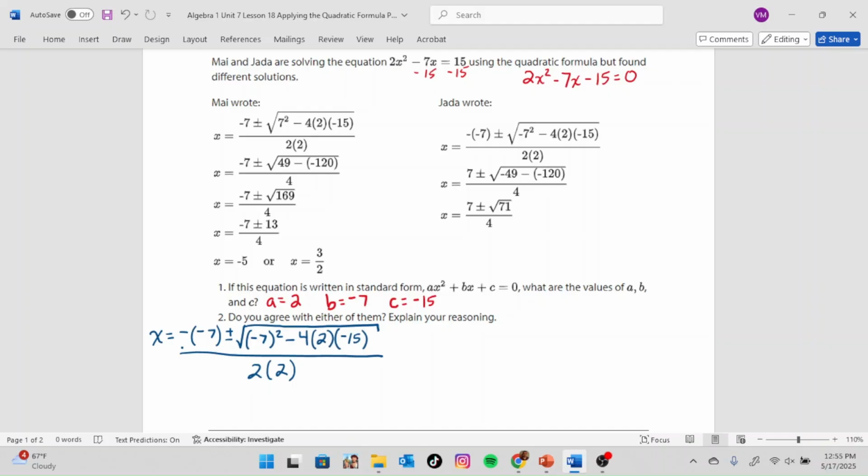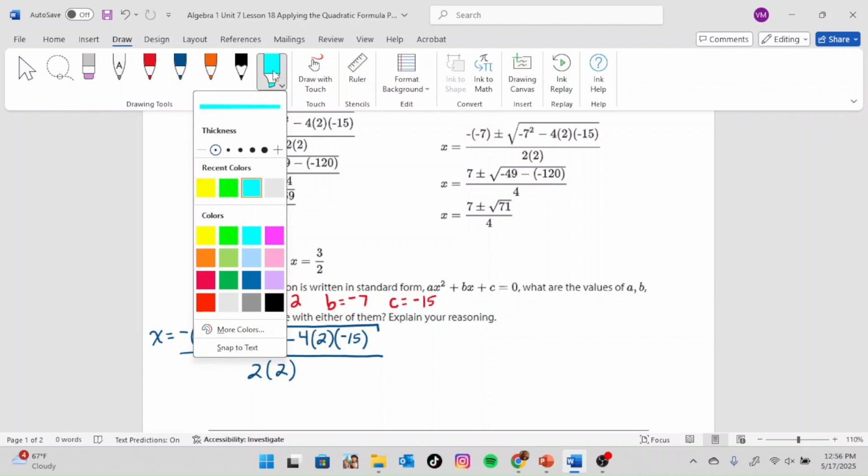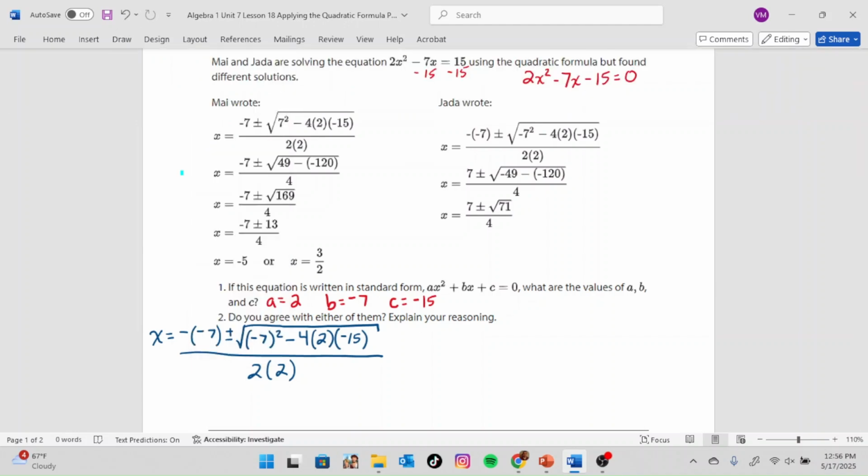Now, I already see a problem with Mai's work. When Mai was filling this out originally, she put minus 7. But that should have been negative 7.